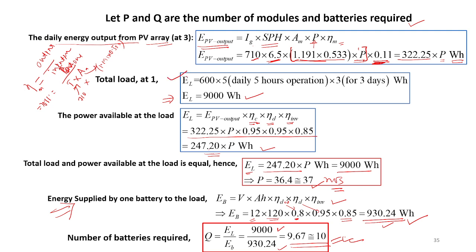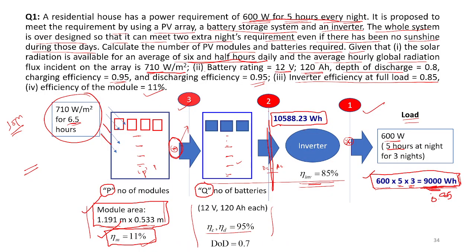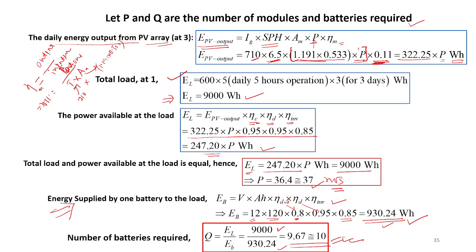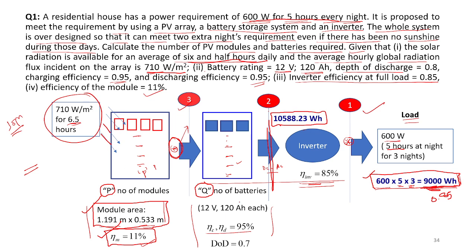Now the total load we have calculated, right? So we have calculated this 9000 watt hour is your total load. What is the power available at the load? So this much power has been generated by PV array, but it has to go through these batteries where charging and discharging efficiencies are also there, and then it has to go to the inverter.